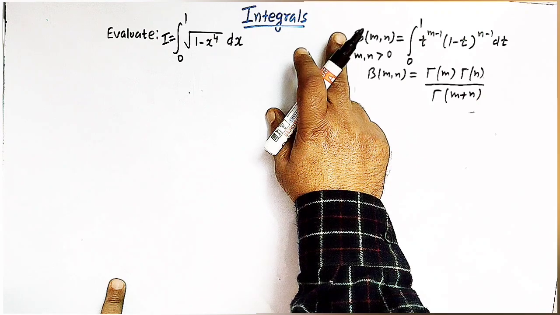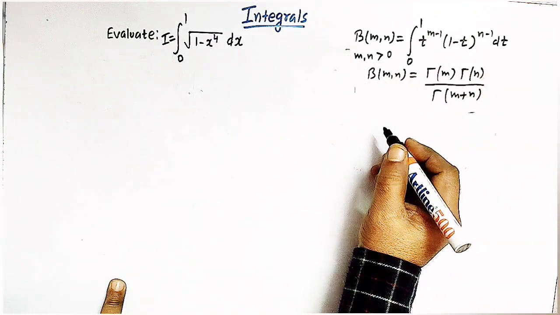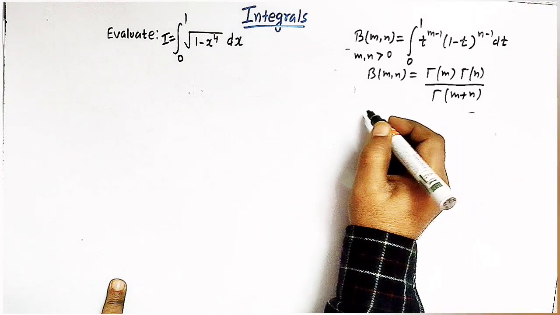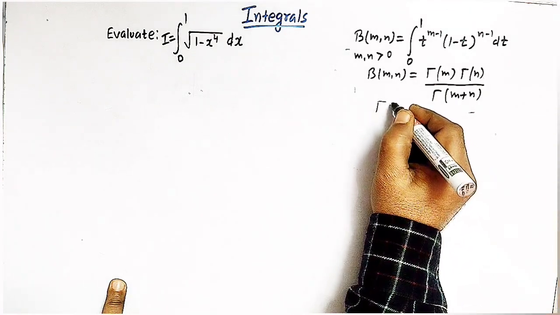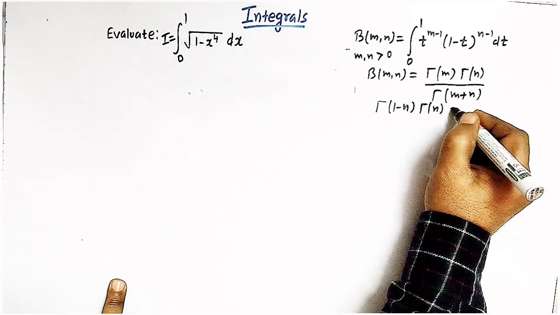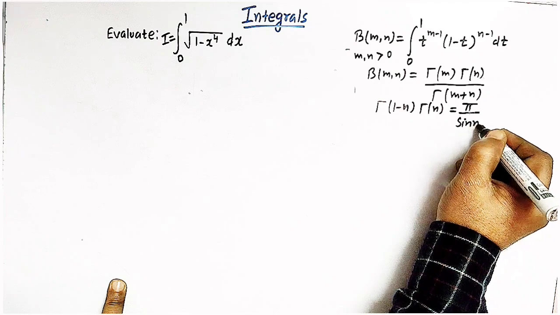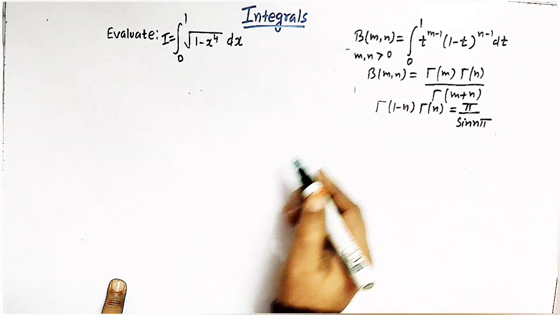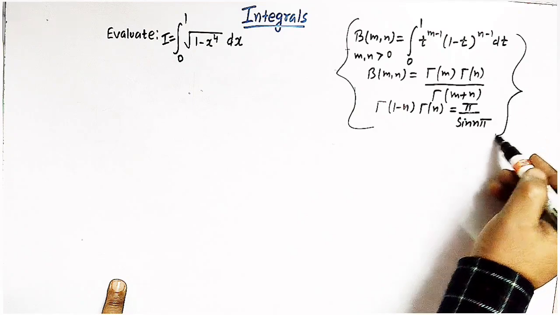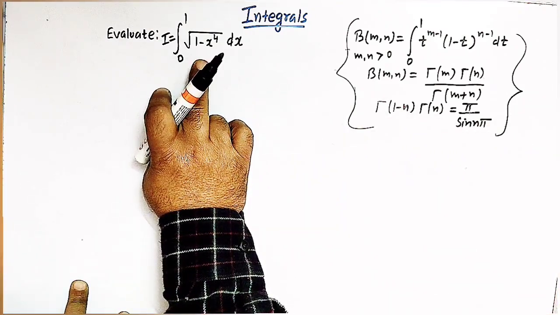So apart from these two important results, we'll also make use of the famous Euler's reflection formula, that is gamma 1 minus n times gamma n is equal to pi divided by sine n pi, right? So these three important results are to be used while solving this integral, right?